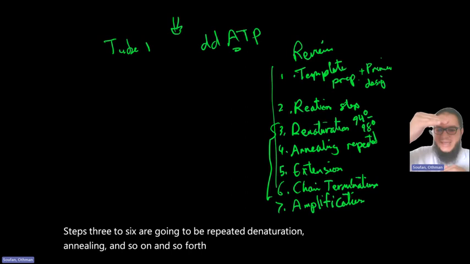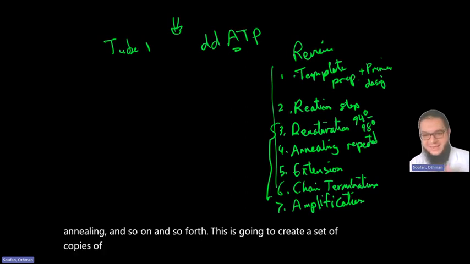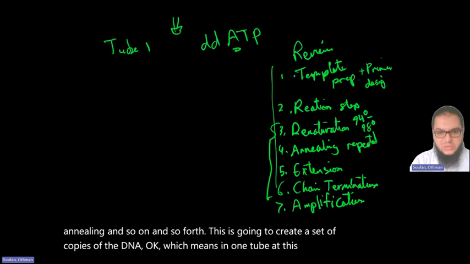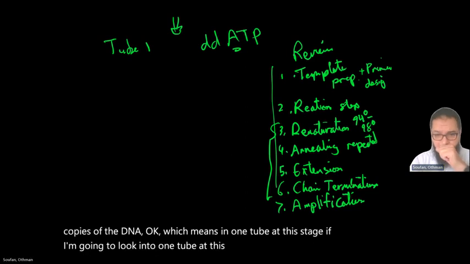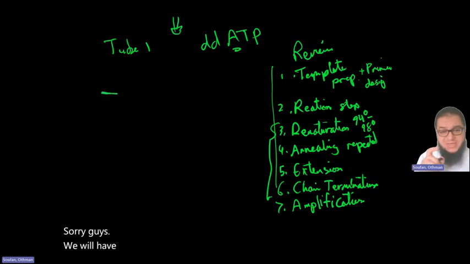This is going to create a set of copies of the DNA, okay? Which means in one tube at this stage, we will have sequences of different length.